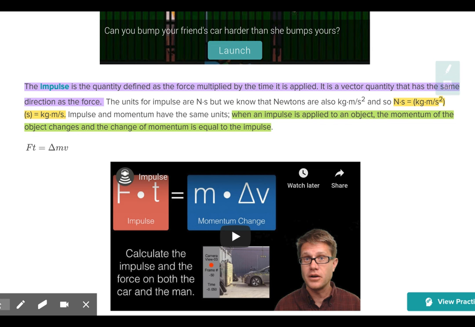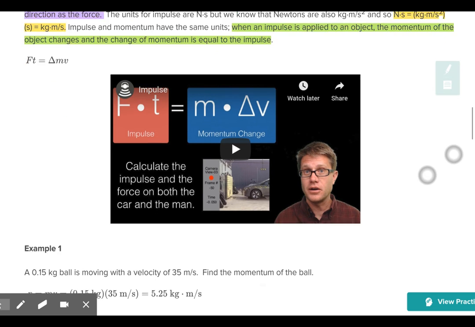F times t is also equal to the change in momentum. Momentum is mv, right? So delta means change. Okay, so delta mv. Basically, when you write delta mv, it's really the final momentum minus the initial momentum.